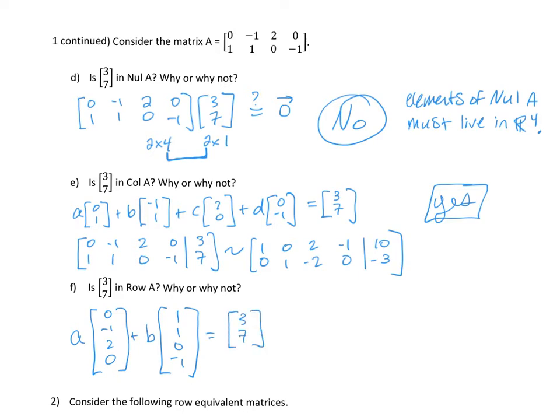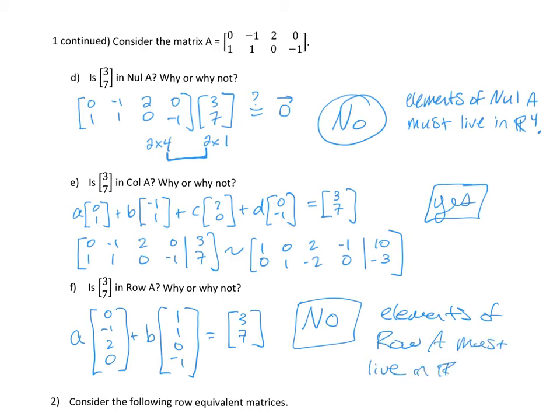And the answer is definitely no, because any element in the row space would have to have 4 entries. Elements of row A must live in R4. You take a linear combination of 4 entry vectors, you would get a 4 entry vector.